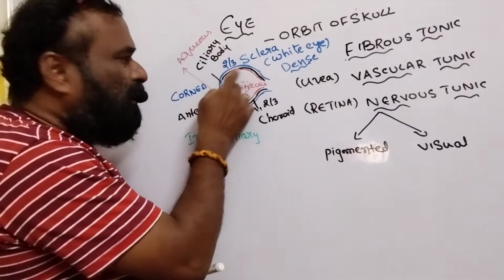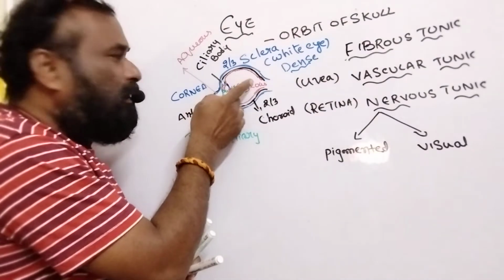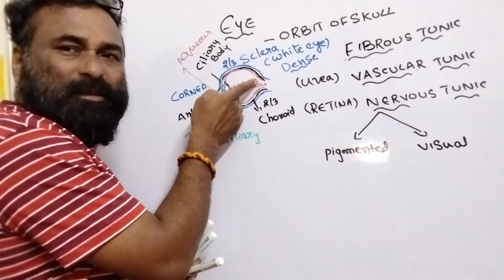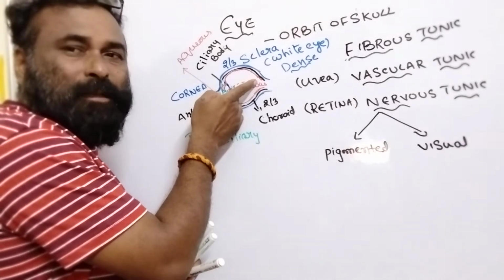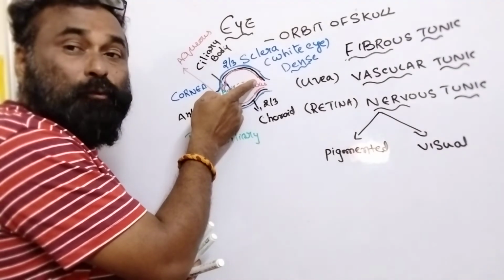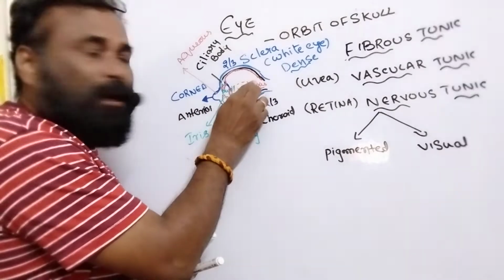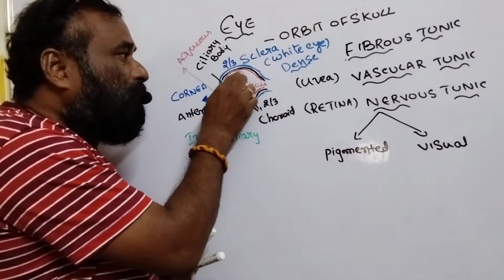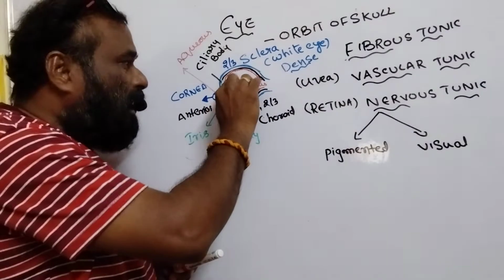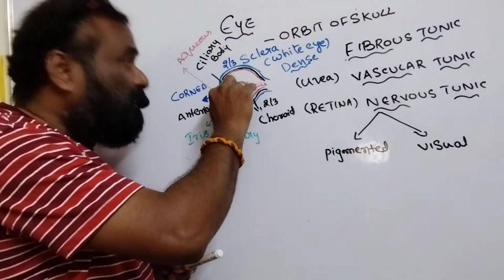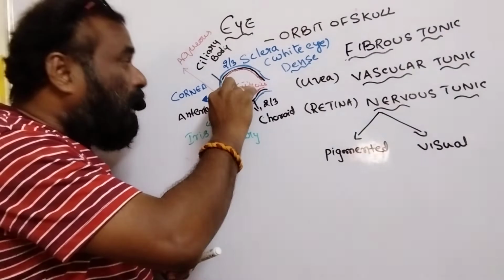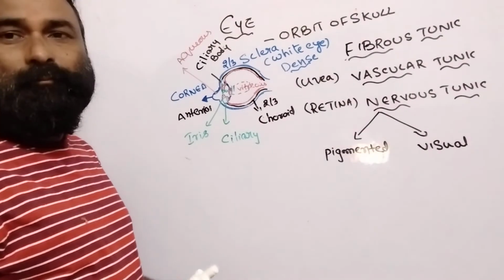I am using a red color for the pigmented epithelium here. It is made up of specialized melanocytes, the non-visual portion. It is the part of the retina located beneath the choroid, and it travels anteriorly and covers beneath the ciliary body and also covers the iris muscle.